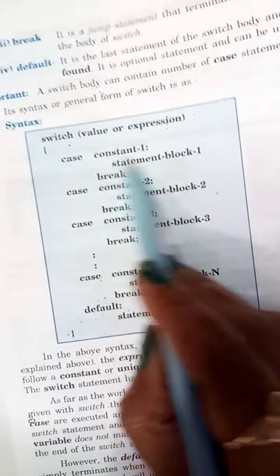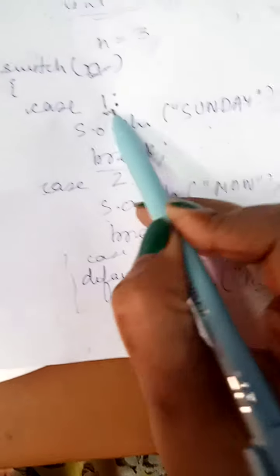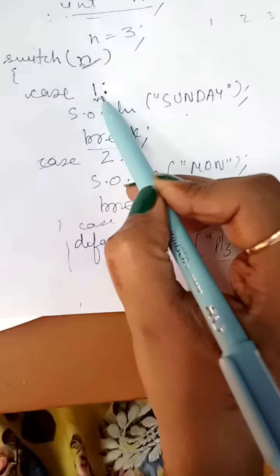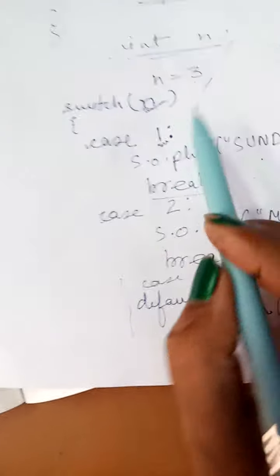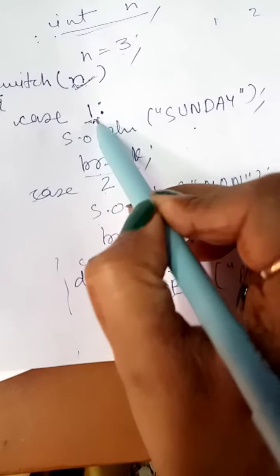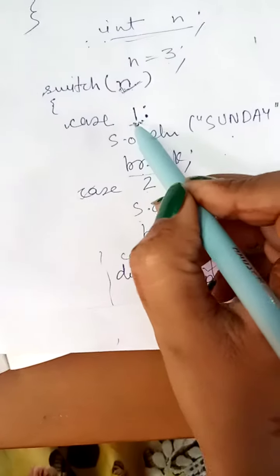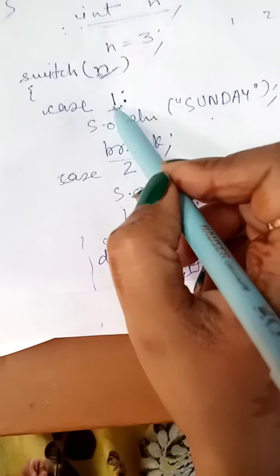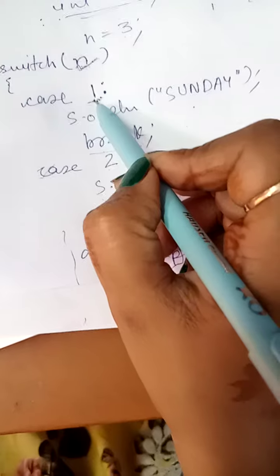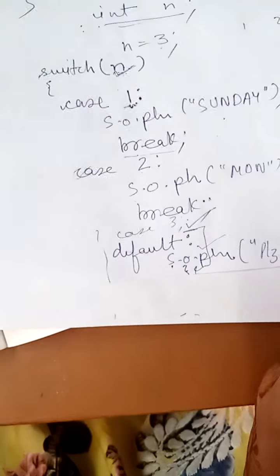In switch we can switch different types of values. Like this one, I have taken a number. If you are switching number values, we can switch whole numbers only, or characters, or strings also. Numbers you write like this only, 1 2 3 4 as they are. But if the value is a character, then you have to use single quotes.